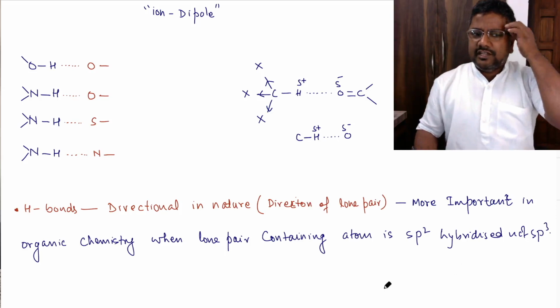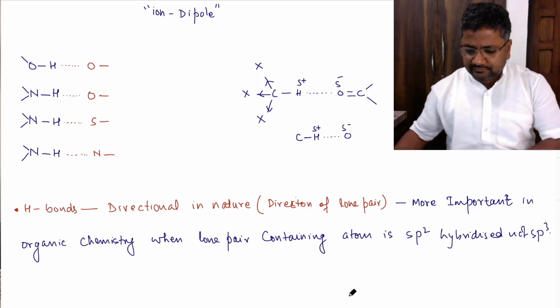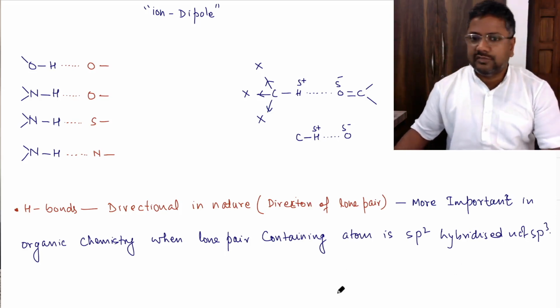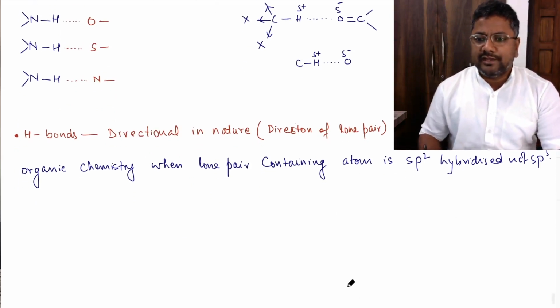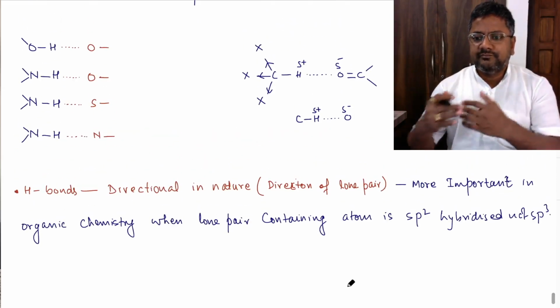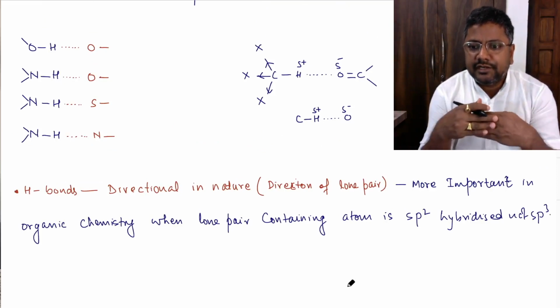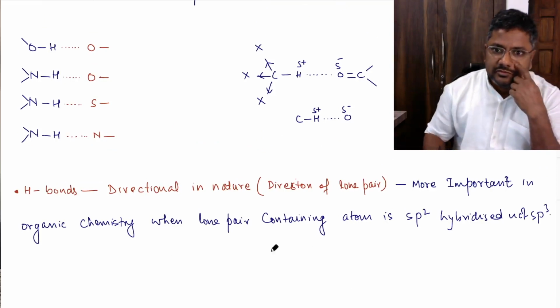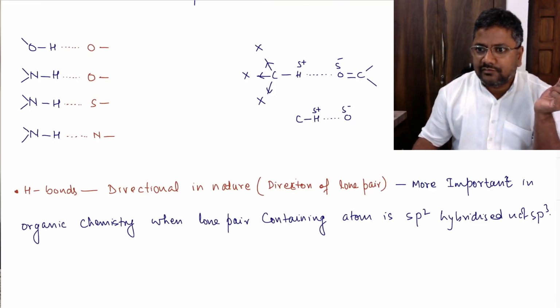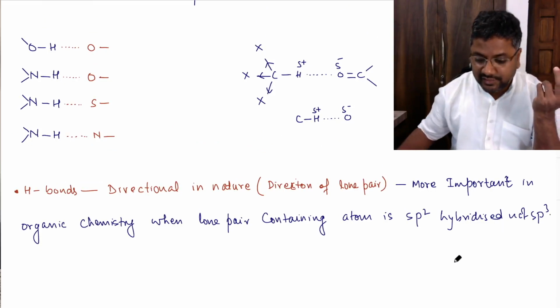When it is sp3 hybridized, this has not much meaning. And one more point: hydrogen bonds try to be linear, linearity tries to be maintained. So in most of the cases you will find it linear, but not in all cases, right?